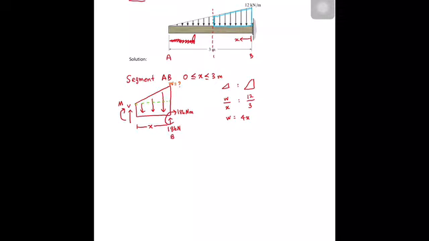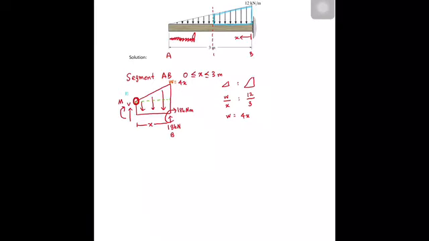So here the magnitude is equal to 4x for the triangle, and you have the UDL. For the UDL, the magnitude is the original 12 minus 4x. Okay, so this is how you solve the trapezoid.